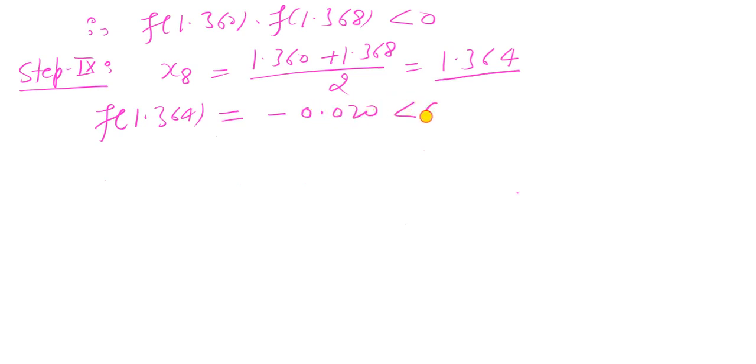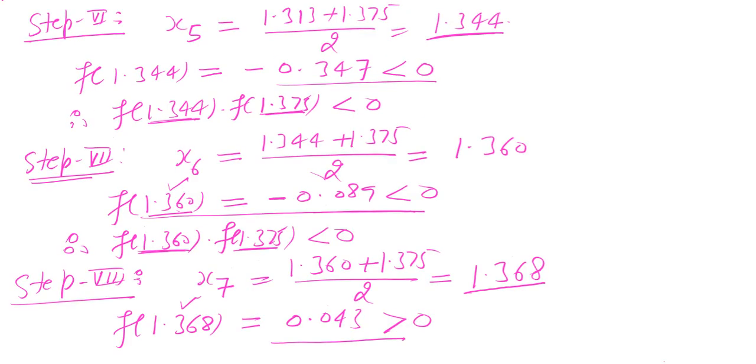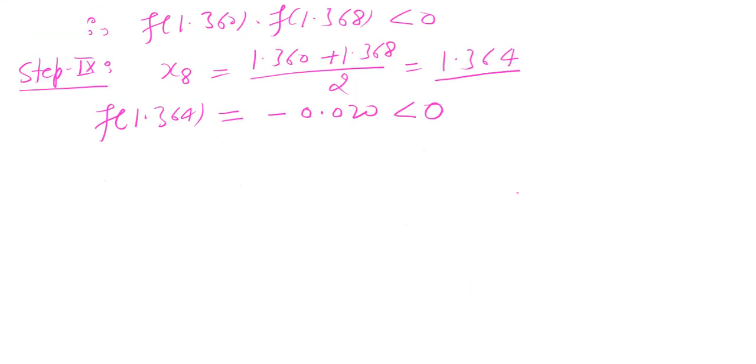So this functional value is negative, but in the previous step this functional value is positive. So the root is lying between 1.364 and 1.368. So therefore f(1.364) into f(1.368) is less than 0. So now the root is lying between 1.364 and 1.368.